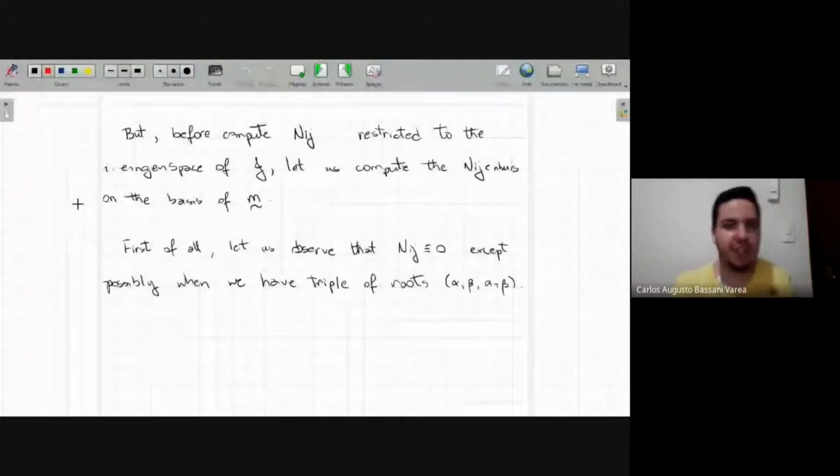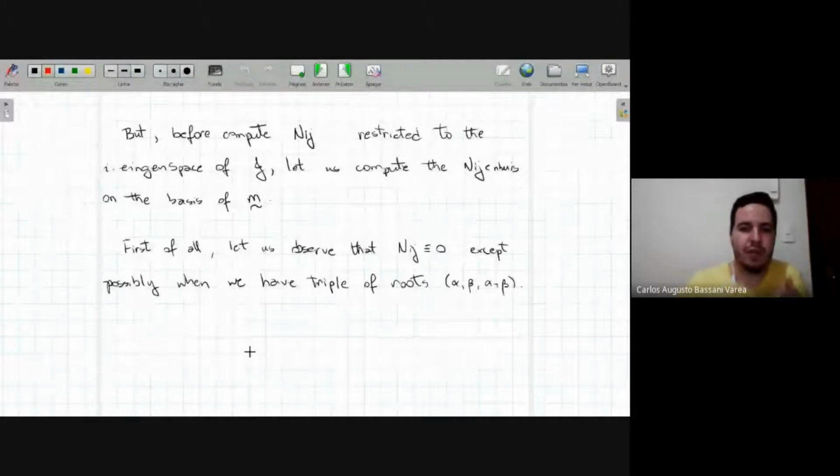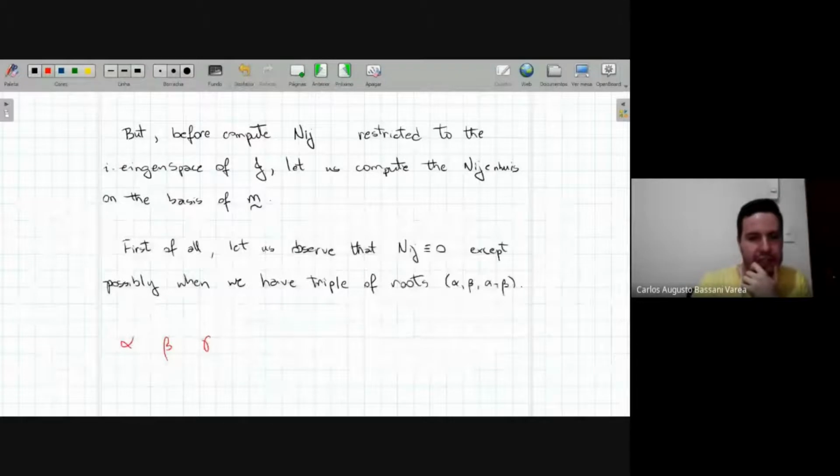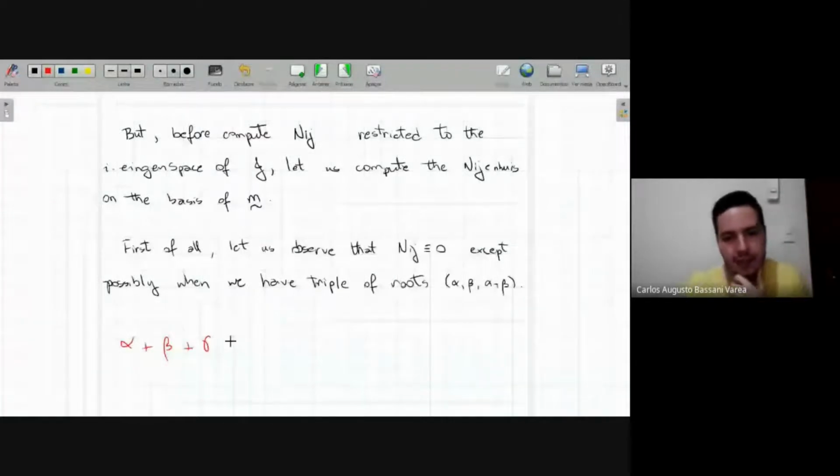If you have knowledge of the study of integrability for complex structures, not generalized complex structures, on flag manifolds, you know that the integrability depends on a triple of roots alpha, beta, and gamma, satisfying the condition that the sum of them is zero.